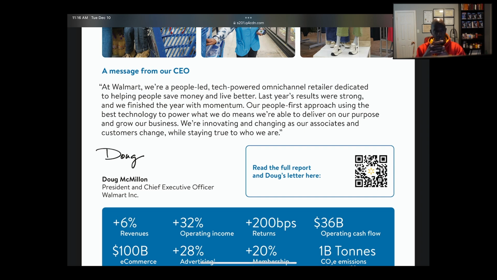LinkedIn. But rather than finding the individual information, now you're getting the company information, because of course with a company as big as Walmart, you want to see what is important to them, what they think is important to share with their shareholders.